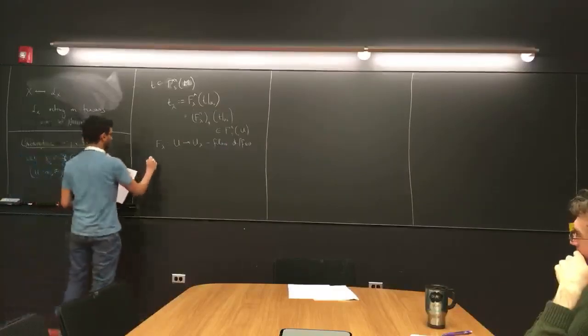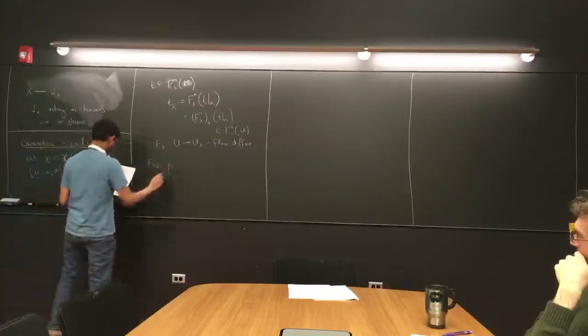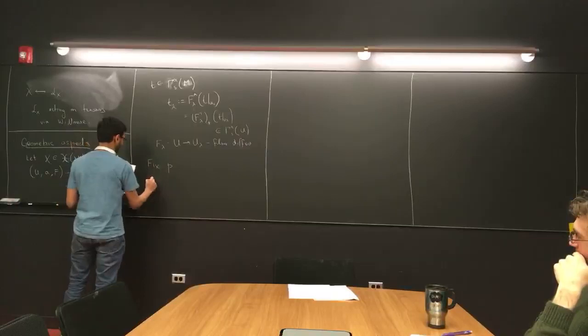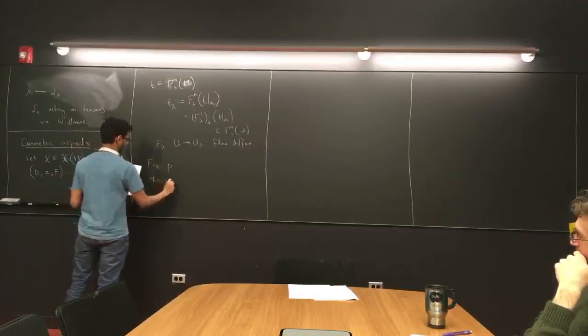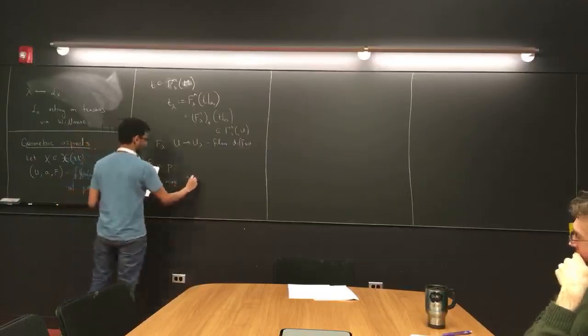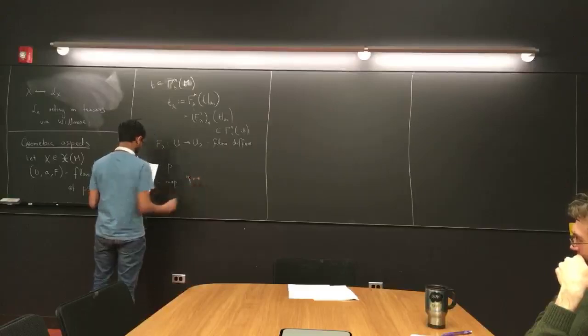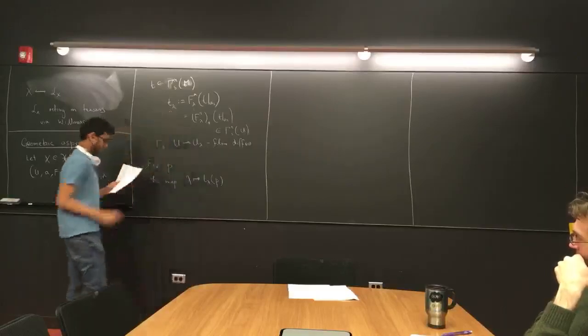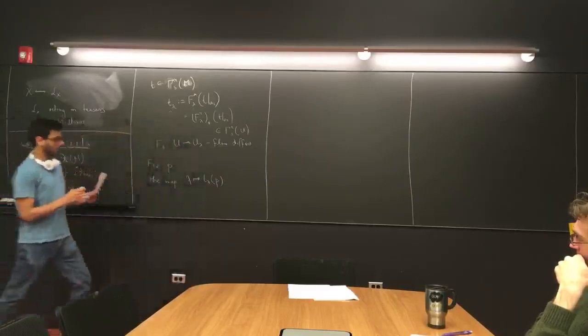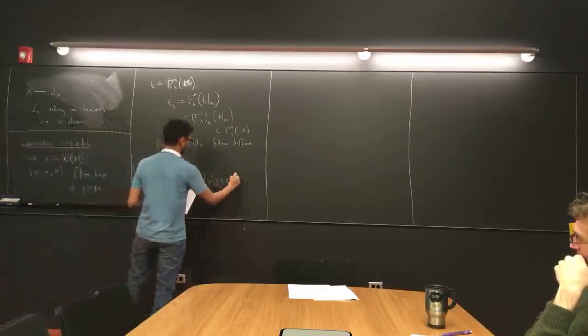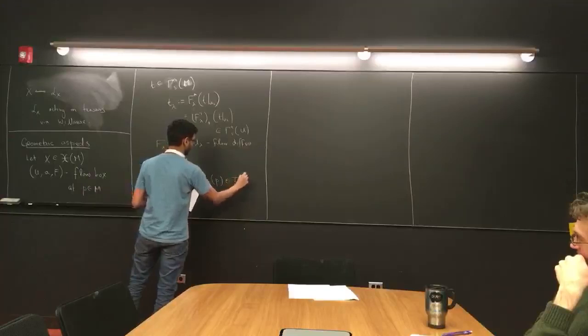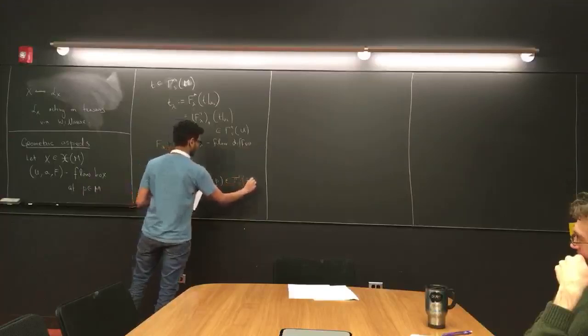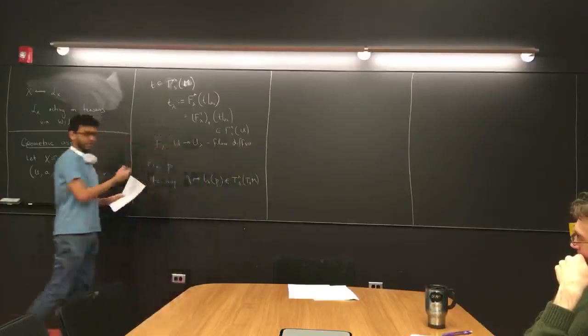So now let's say we fix some point P, and we have the map that takes lambda and spits out T lambda of P, which is defined here, and is an element of the (R, S) tensor power of T_P M as a vector space.